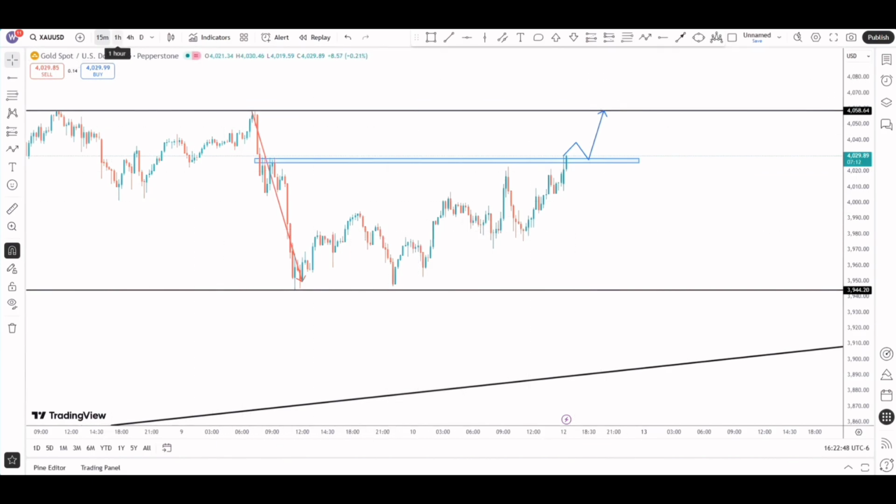However, if price doesn't get all the way up to this resistance level and price closes below this 4028 area and continues to the downside, then I will just wait to see how price reacts to this previous low.